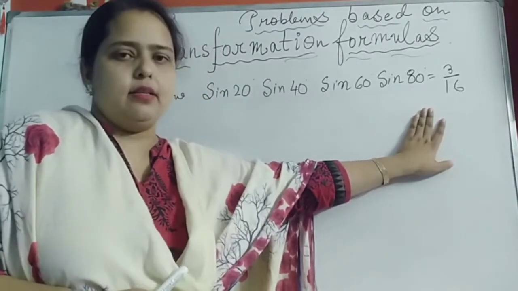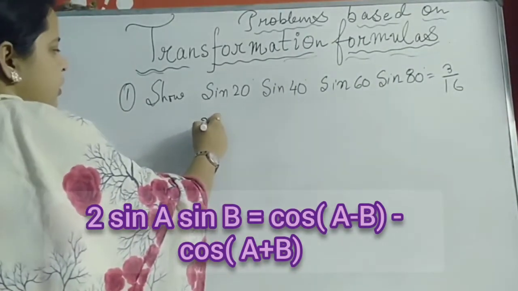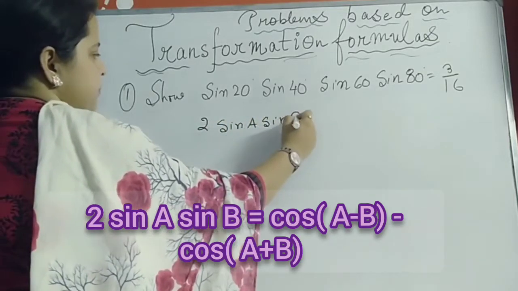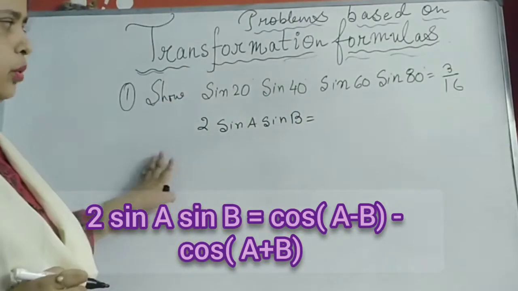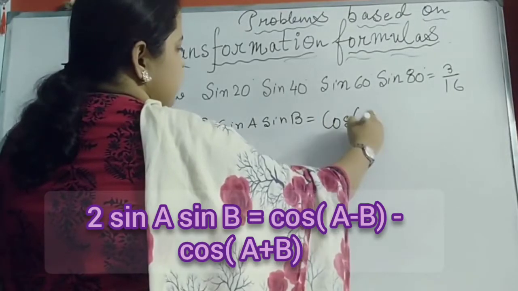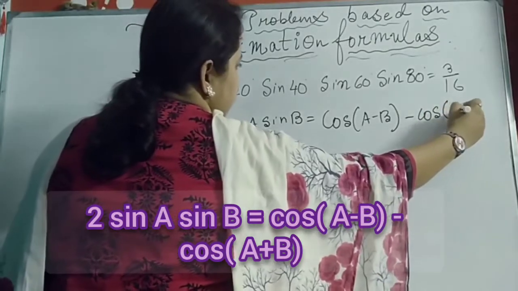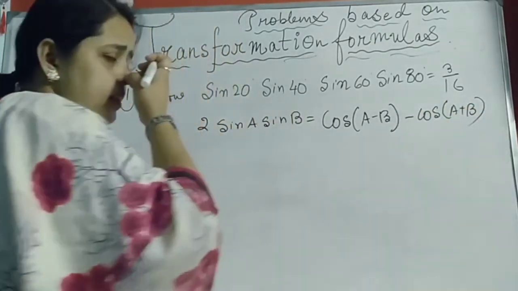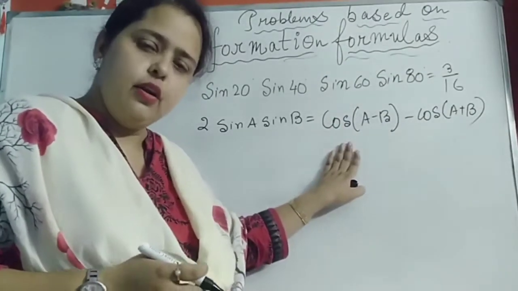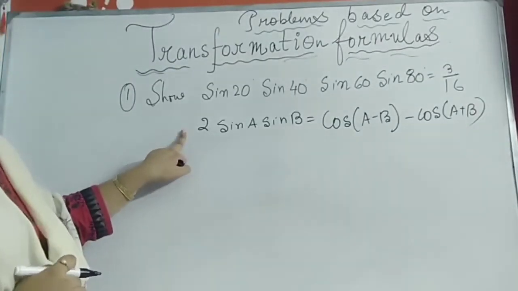But before that, I want you to recall by writing the formula of 2 sine A sine B. Now, 2 sine A sine B can be written as cos of A minus B minus cos of A plus B. You can even write down this first and this later on, but remember in that case to put a minus sign here.